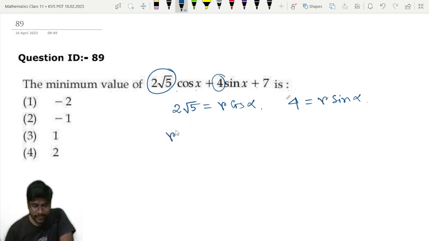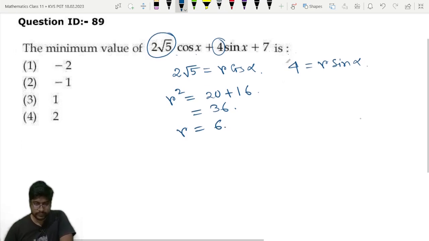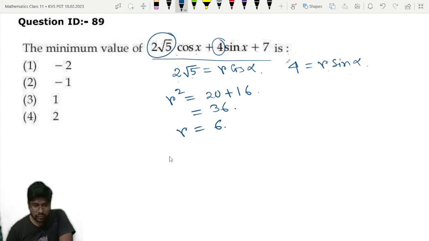So then what we have, r square is equal to 4 into 5, 20, plus 16, so that is equal to 36. So R is equal to 6. Then if we put these values in the given expression, what we will get?